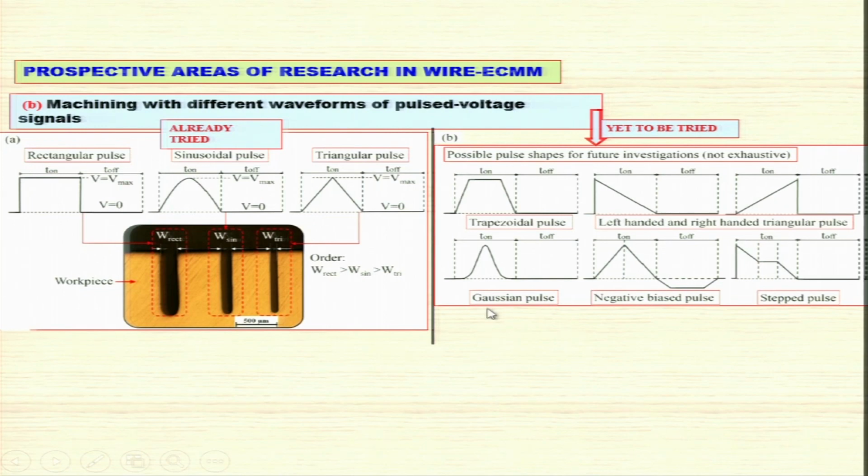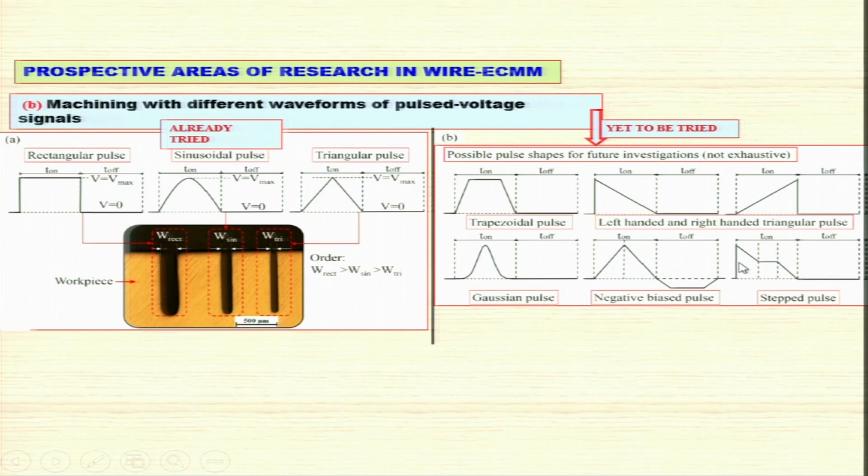of pulses. Then you have the Gaussian pulse, which is different from the triangular pulse, and its performance we do not know. Then you have the negative biased pulse; here is the negative biased pulse, and here is the T on time, and this is the T off time. That may give different kinds of characteristics of the machined component, I don't know.